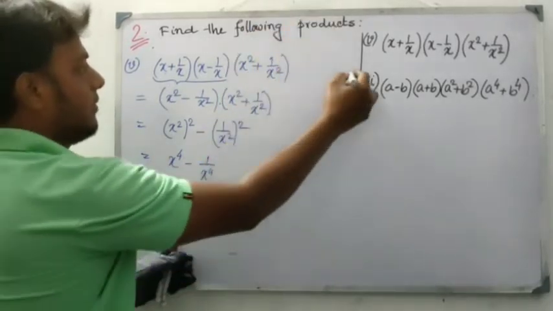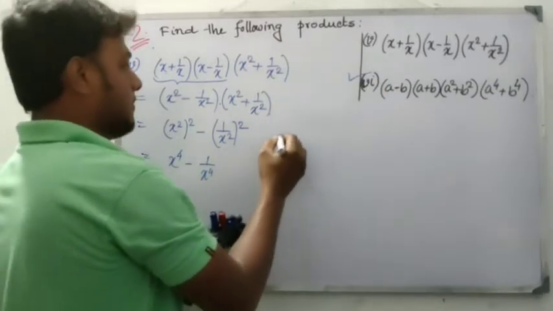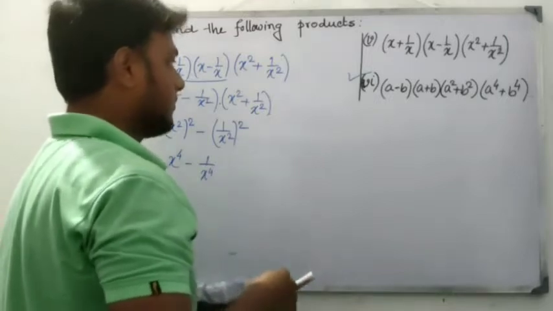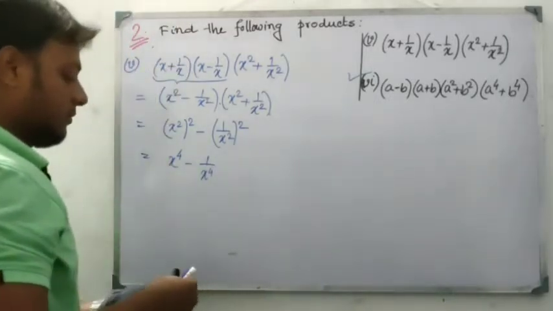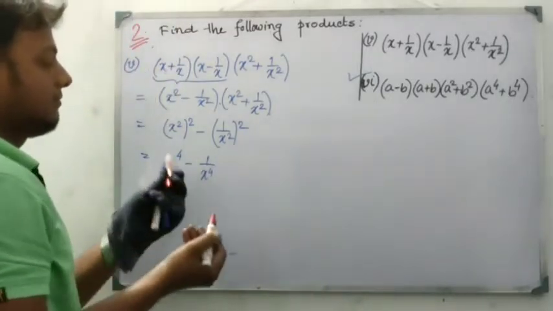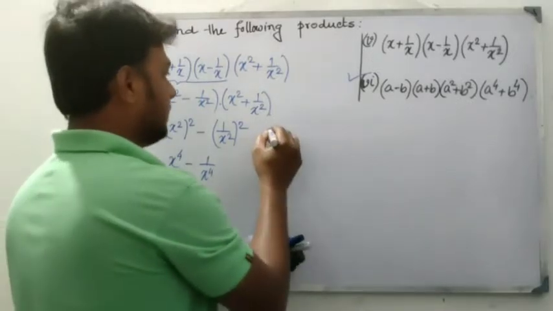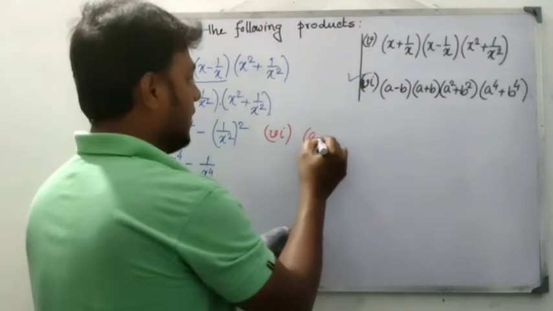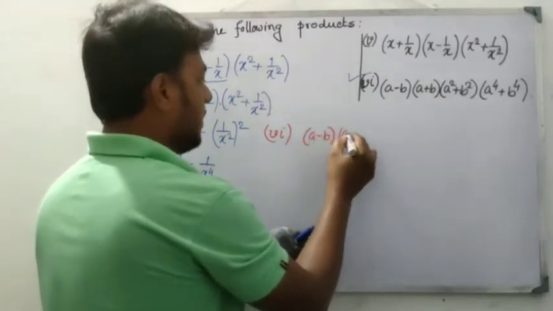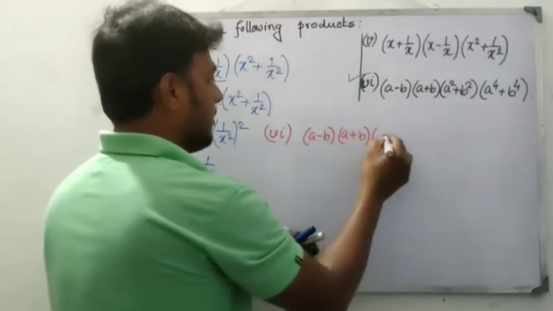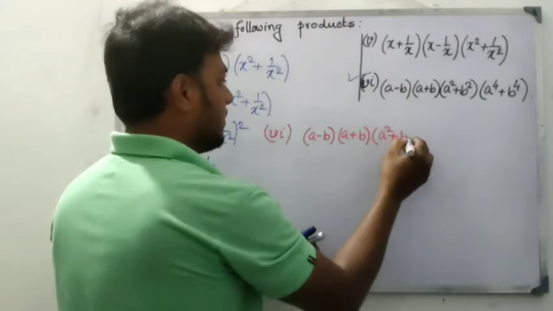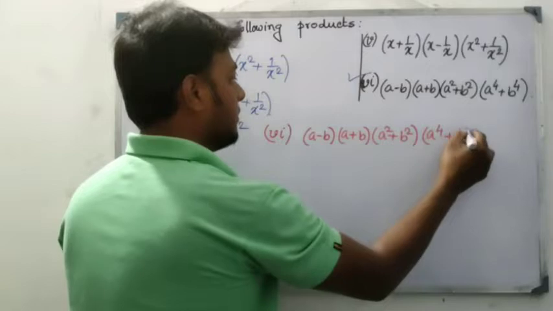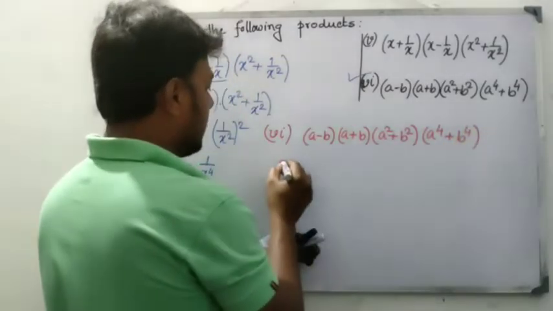Next, this one, I am solving here. This one is (a − b)(a + b)(a² + b²)(a⁴ + b⁴).